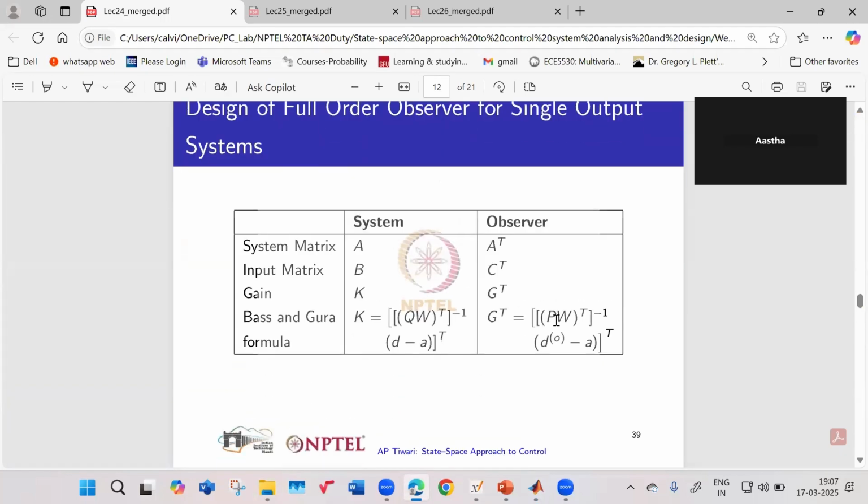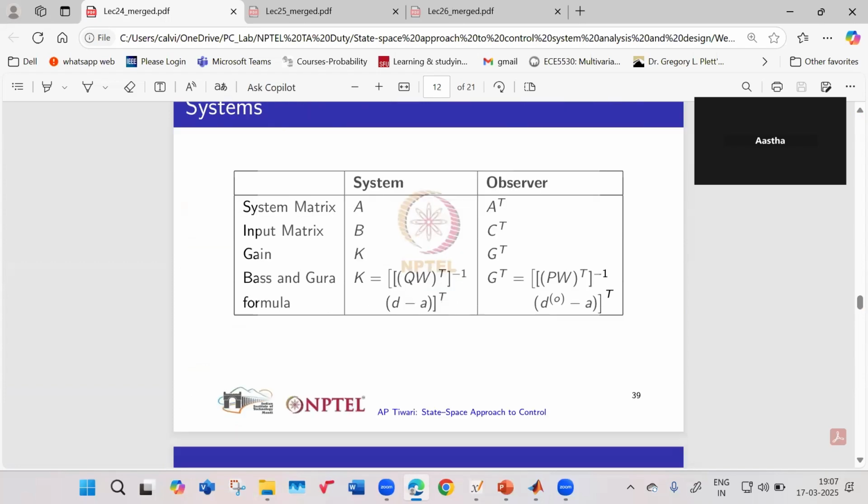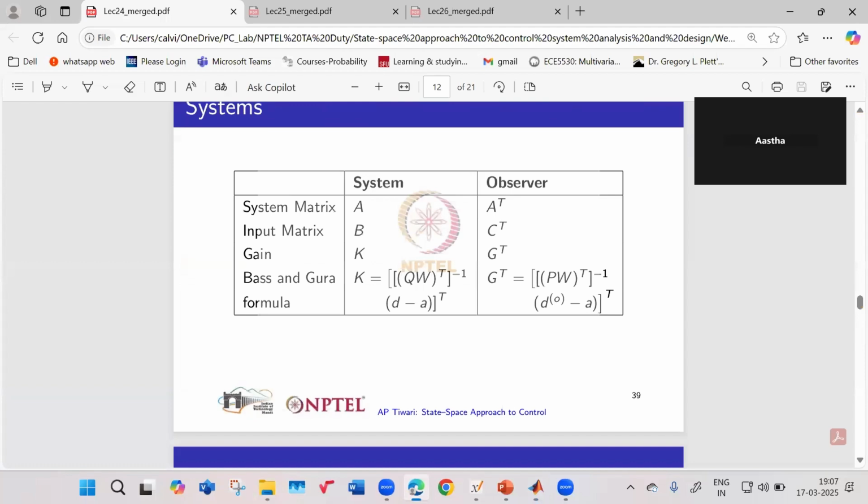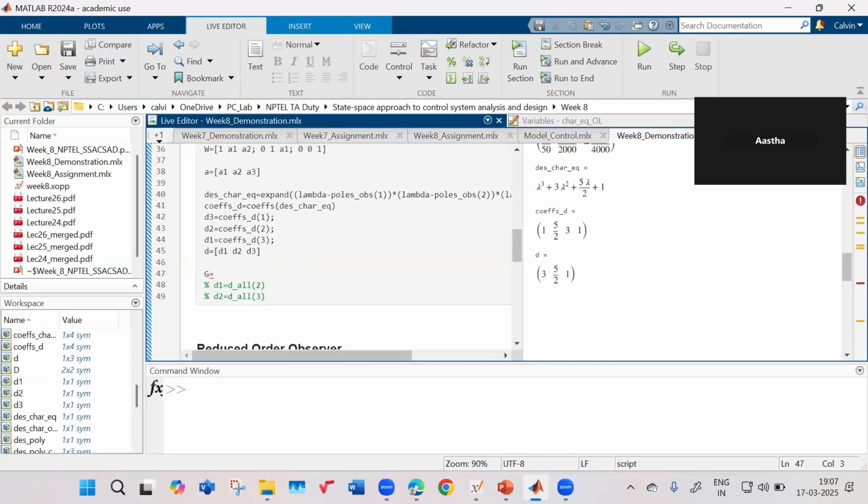G transpose is PW transpose inverse and D minus A. So again, it is the inverse of P into W, its transpose, into D minus A.